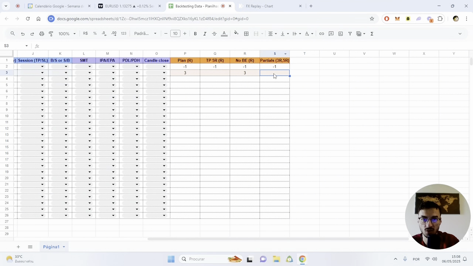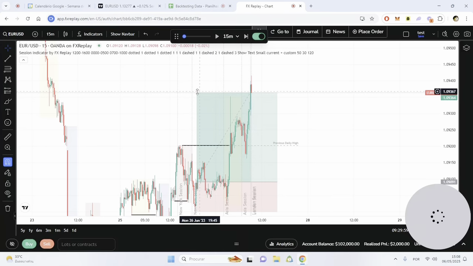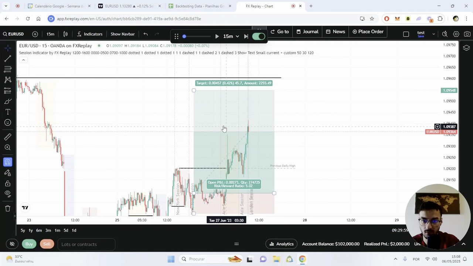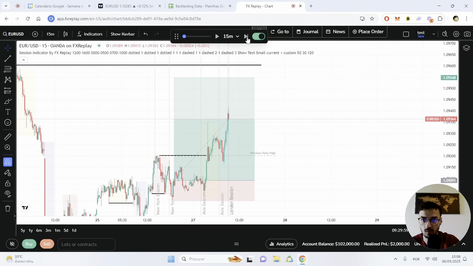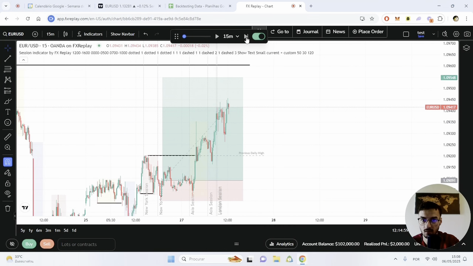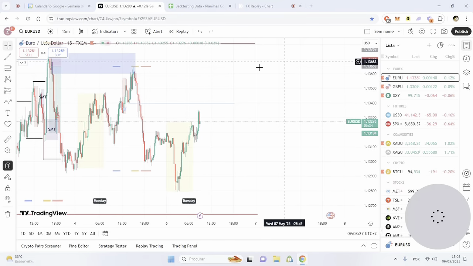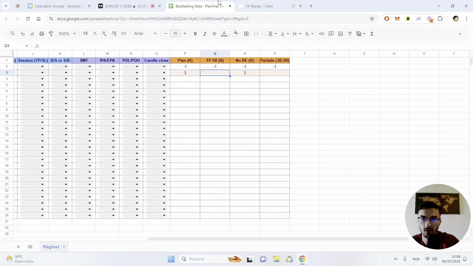If we had taken partials at 3R and 5R, let's see. I'm gonna let it run until 5 and see. Okay, we got the 5 right here. Let's see. Is it a break even or a TP? It's a TP. Okay, so if we had held it to 5, we would have gotten 5R.